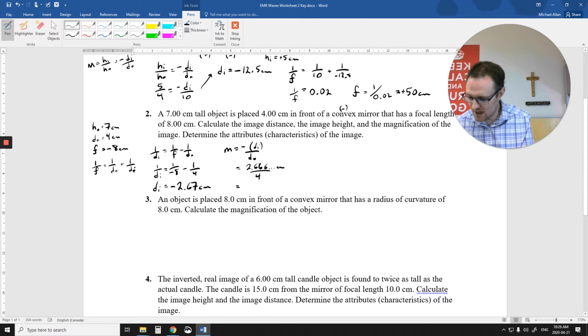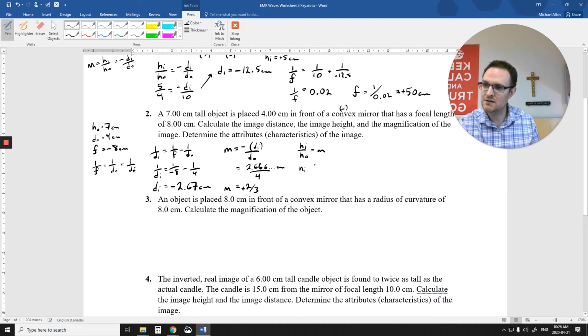So I get a magnification of, I can put this in a fraction too, 2/3. That's my magnification, and it's a positive 2/3. That's going to tell me something about my characteristics. Then I'm going to use that magnification to find out what my hi is.